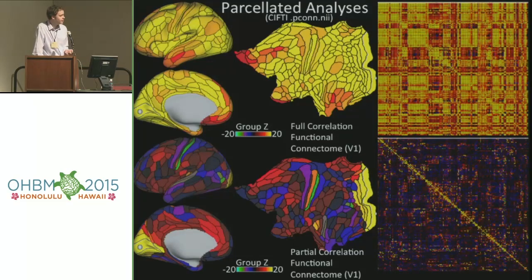So we have 178 areas. We regress out the time series of 176 of them, leaving only the pair that we're correlating. We could see a nice connectivity between V1 and other areas in the visual system.